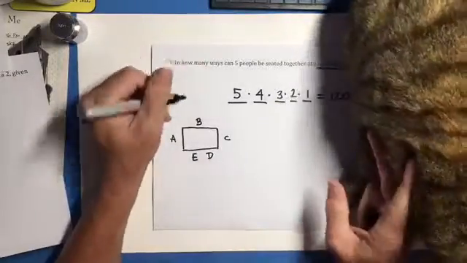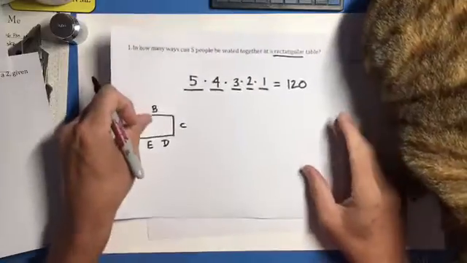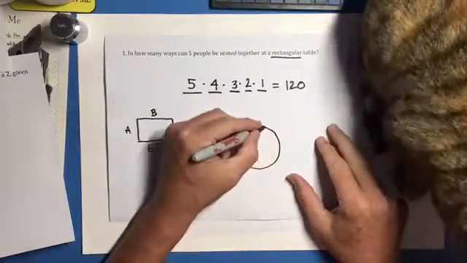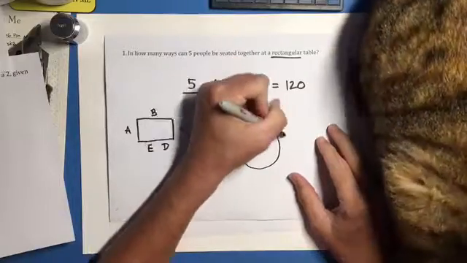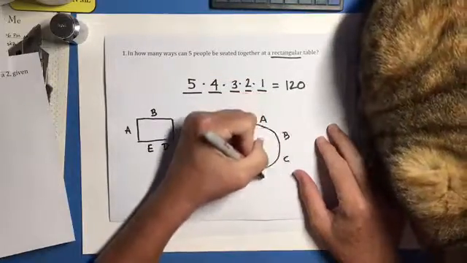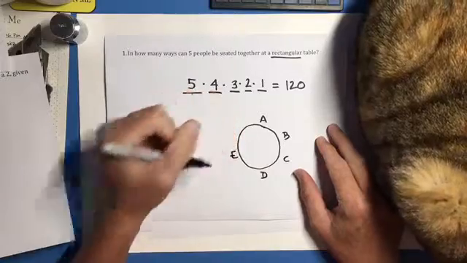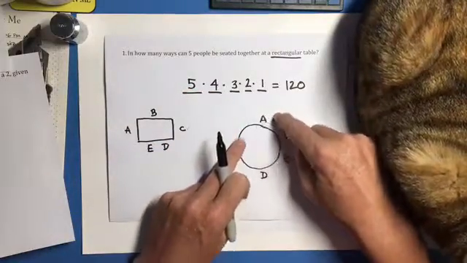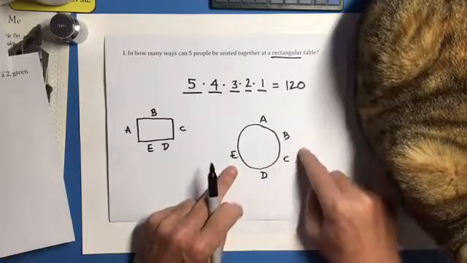What if it were a round table? There we go. Okay, so if I'm seating 5 people at a round table, so there's Ann, Bob, Carol, Dan, and Eric. Well, if everybody just gets up and moves 1 seat to their left, that's still the same configuration.